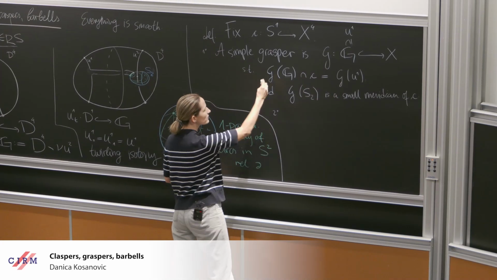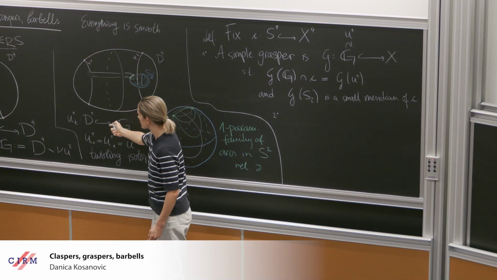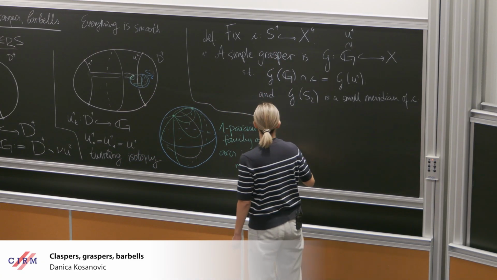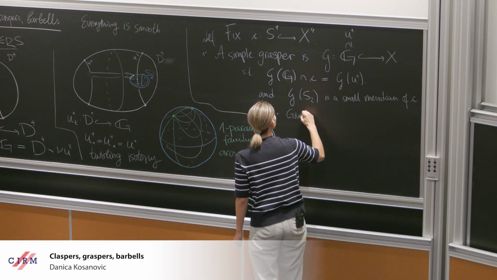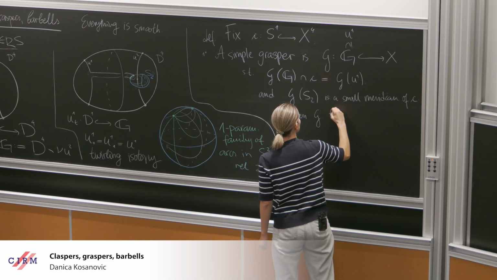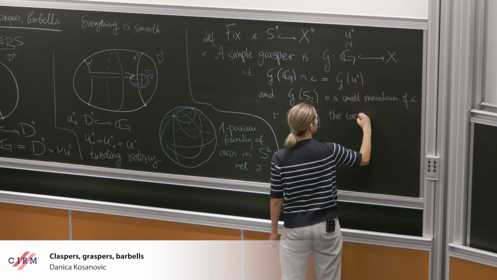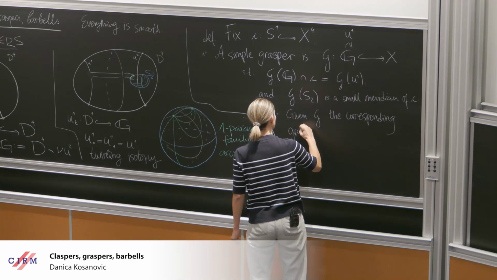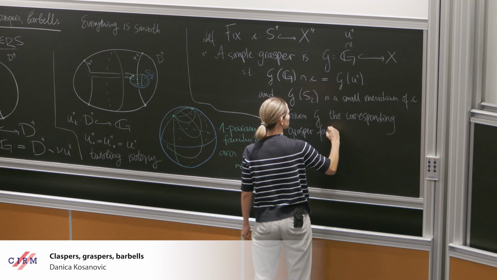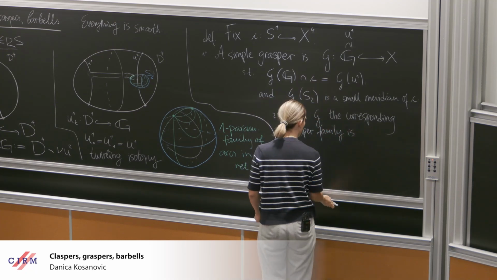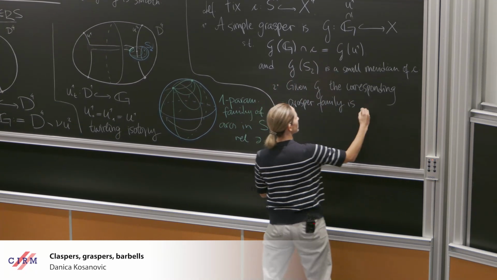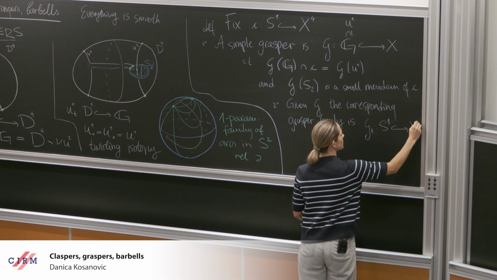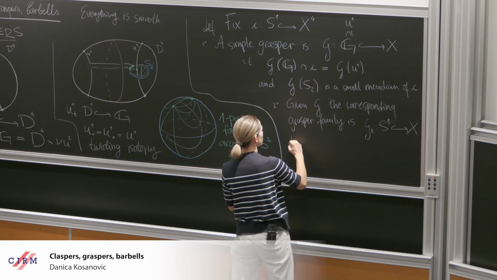Second part is, given such a thing, you can use this isotopy to construct an isotopy of circles, okay? So given G, the corresponding grasper family is defined by, it's a family GT of circles.